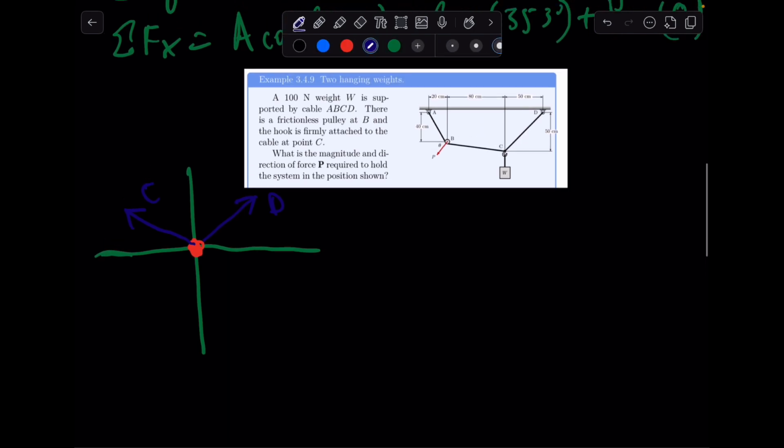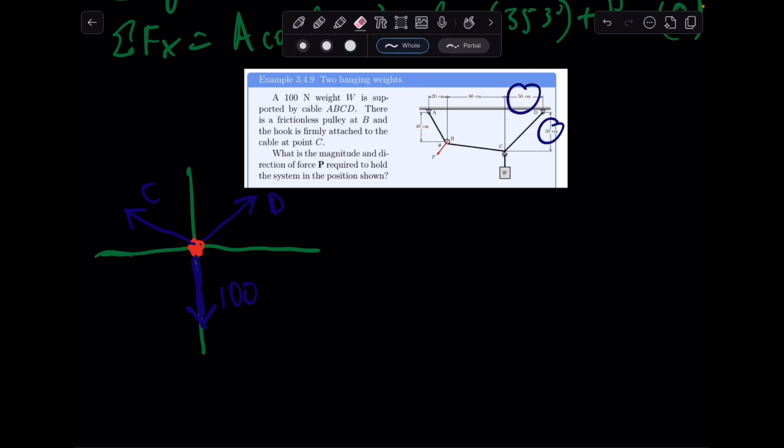So now, oh yeah, we've got to add the weight, which is 100 newtons. And then we can do our sum of the forces in the y direction. So we know this is 50 right here and 50 here.